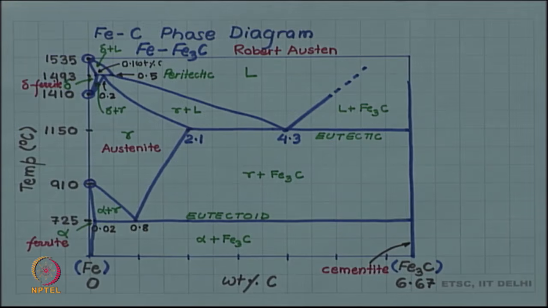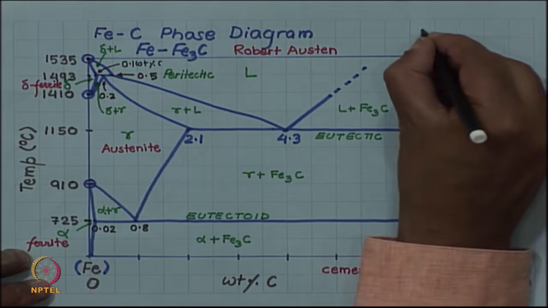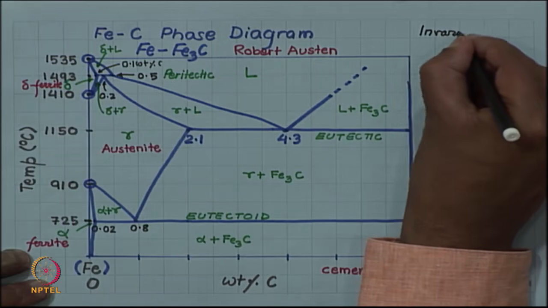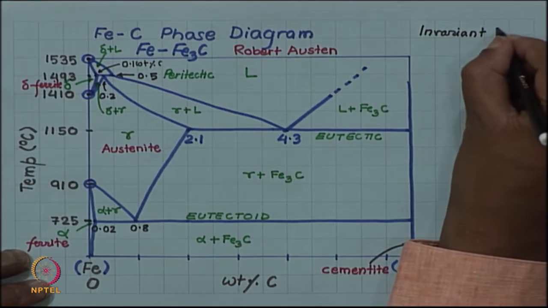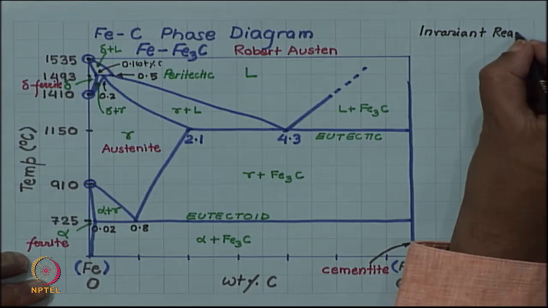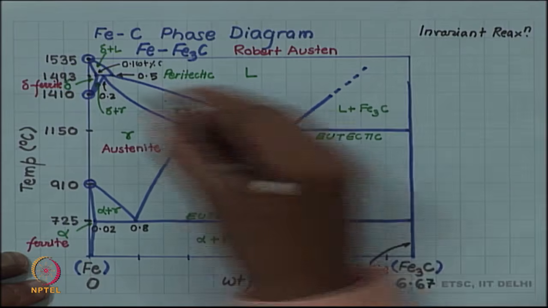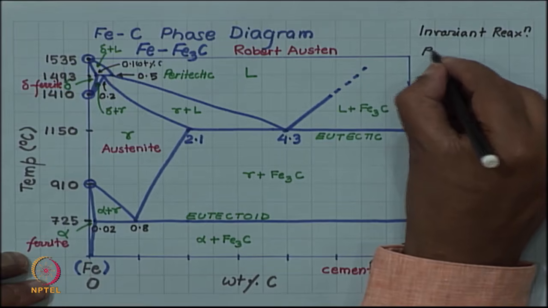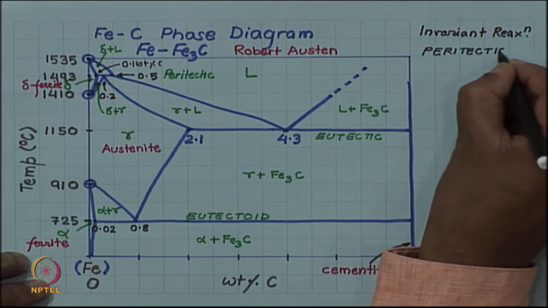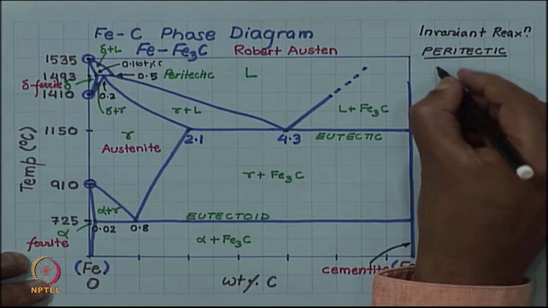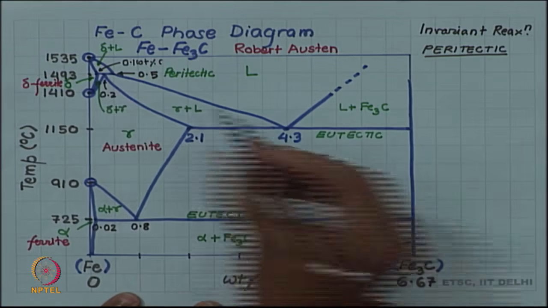Let us write down in full these invariant reactions. The first one at the highest temperature is the peritectic. In this you can see that above the horizontal you have the delta plus liquid region.